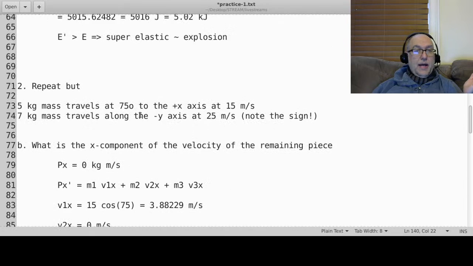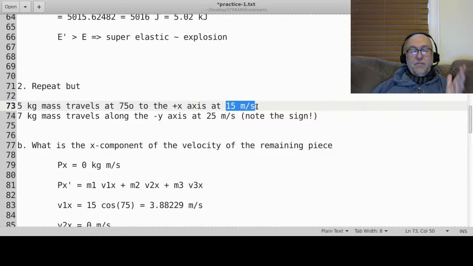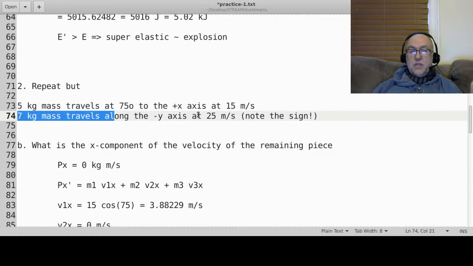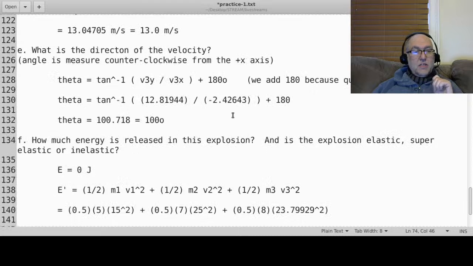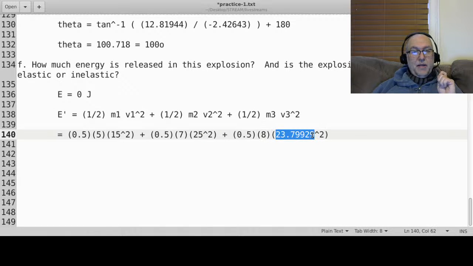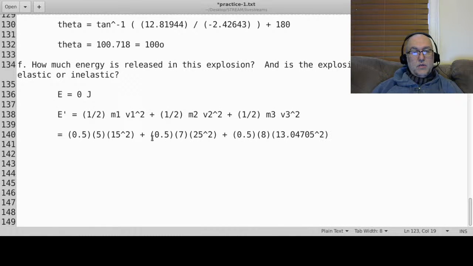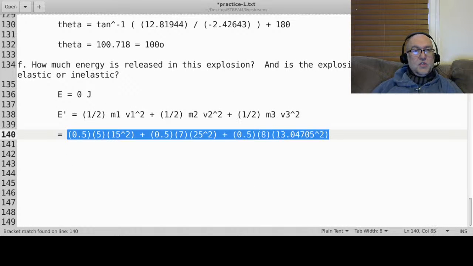Now that it's traveling at 75 degrees to the plus x-axis, that doesn't matter. It still has a magnitude of 15, so that didn't change. The 7 kilogram, nothing changed about it. It's 25. So these two here still have the same energy. This one is different because of its magnitude. It turns out that in this second situation, there's less energy released.